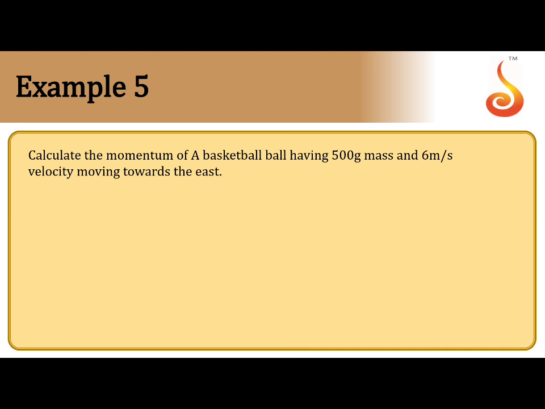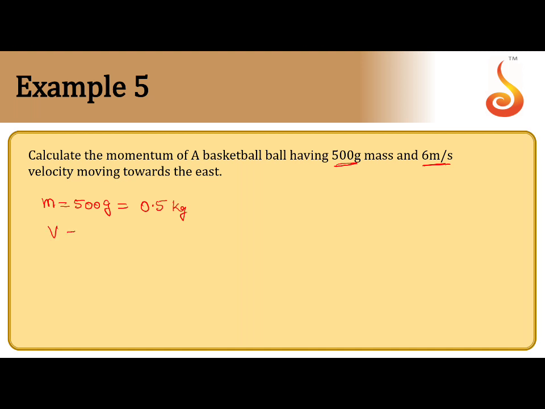Calculate the momentum of a basketball having 500-gram mass and 6 meter per second velocity moving towards east. So here mass of the body is given, velocity is given, you need to find the momentum. So given data, mass is 500 grams, convert it into kg, 0.5 kg.